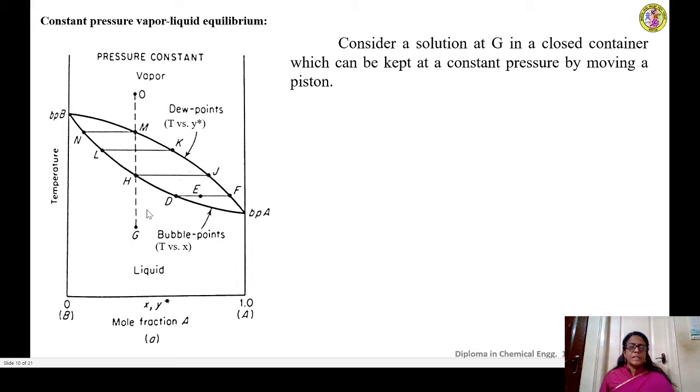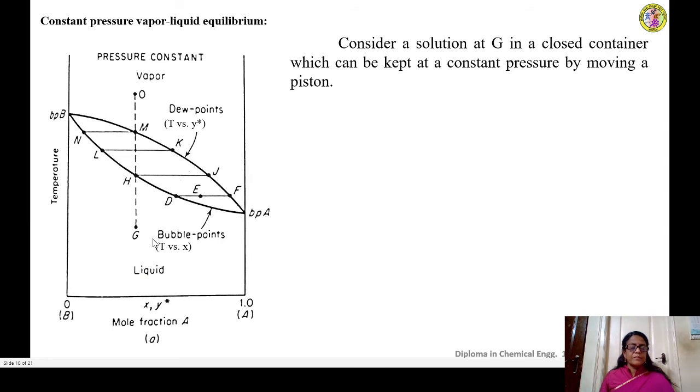Now just consider a solution represented by point G. So that is in a closed container, and it can be kept at a constant pressure by moving a piston or something like that. Okay, so point G represents a liquid mixture having some composition represented by the x-axis. So this is entirely a liquid at a constant pressure.